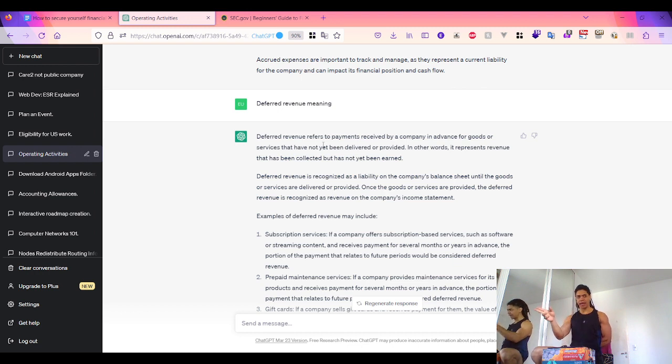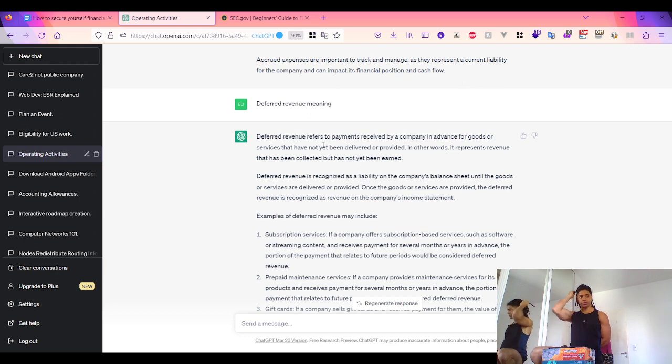So you haven't paid for that, but you received it. Accounts payable is somewhat the same as accrued expenses, but oriented to vendors and suppliers. So you see the relationship here.